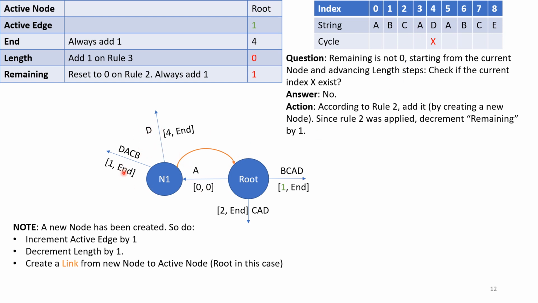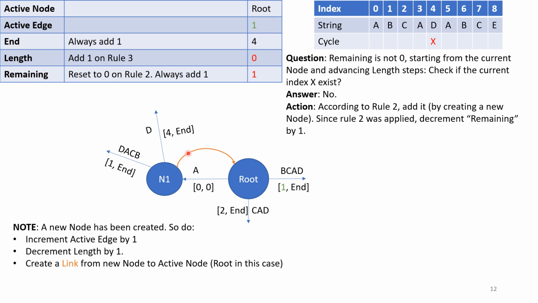Notice that end is being nice enough to update our string on every single cycle, and A doesn't need the end anymore because we just want to say it was from 0 to however far we were already. So in this case, from 0 to 0, just representing A.